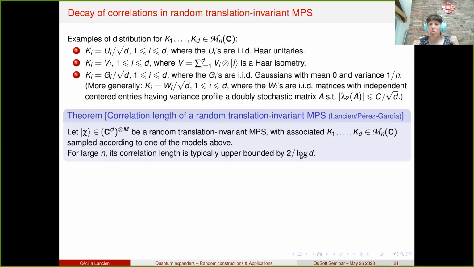So a correlation length that is actually going to be very small if this physical dimension d is large.